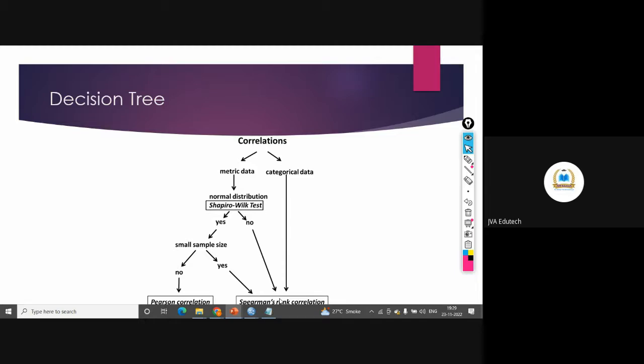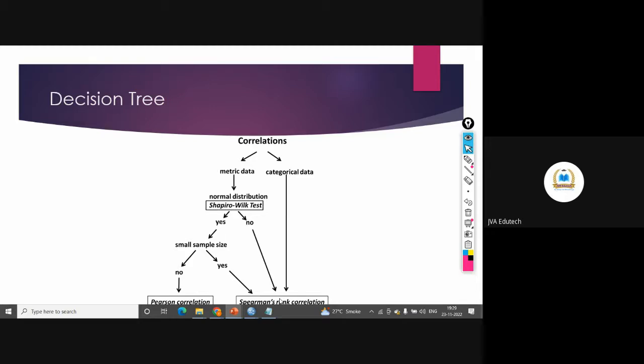However, sample size is very much related with the normal distribution. If you have a very small sample size, chances are that normal distribution won't be there either. Why are we considering a large sample size for Pearson correlation? Because for a small sample size, you cannot test the change accurately.